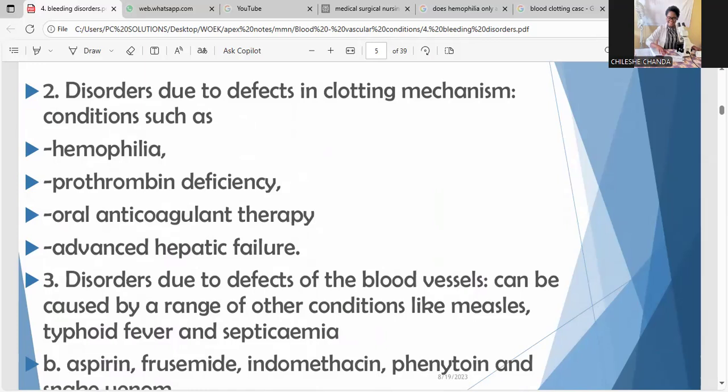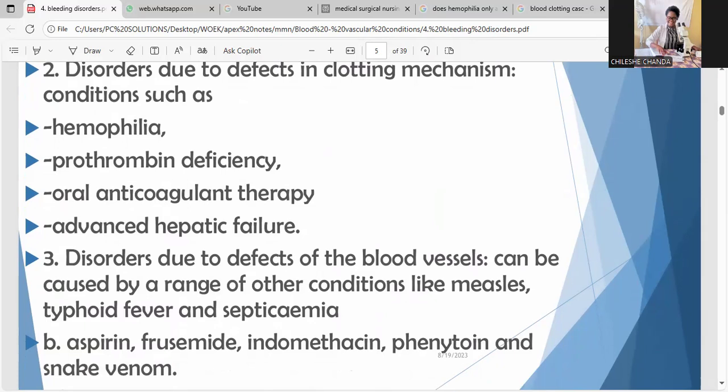These mostly are due to a deficiency or lack of one or more of the clotting factors that we have talked about. And these include hemophilia, prothrombin deficiency, oral anticoagulant therapy, and another one is advanced hepatic failure.